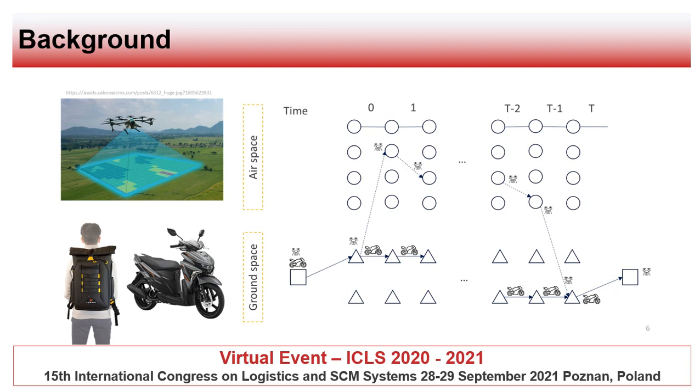So we combine those approaches with the utilization of ground vehicles. It can be trucks, it can be cars, but perhaps for the Indonesian landscape, one of the most suitable ground vehicles to be considered is motorcycles.